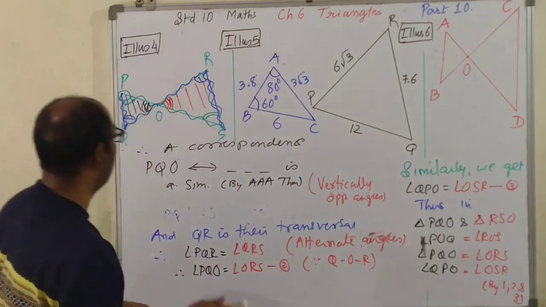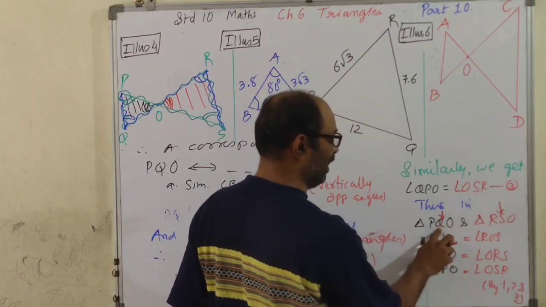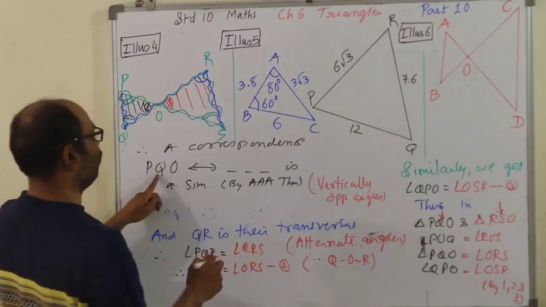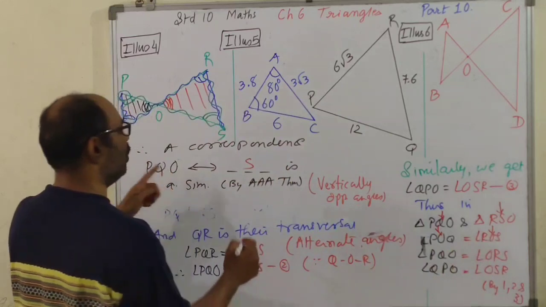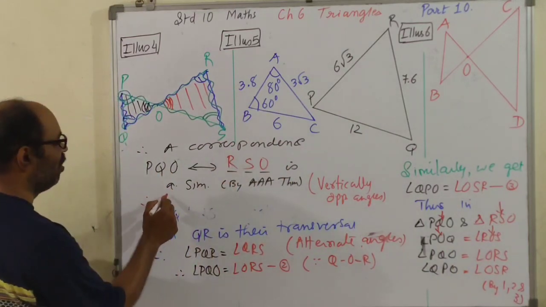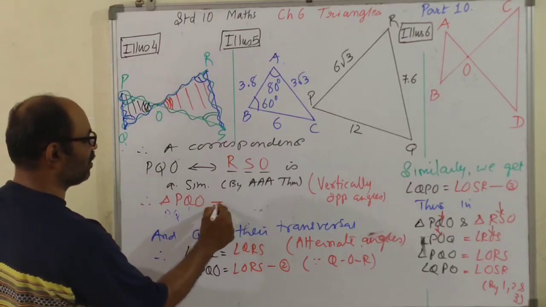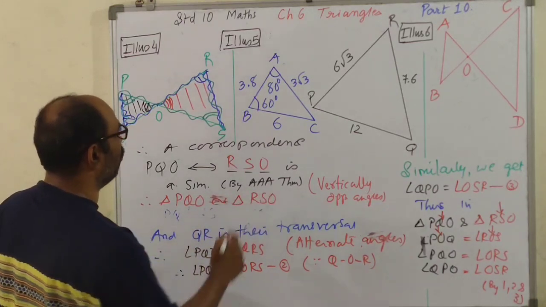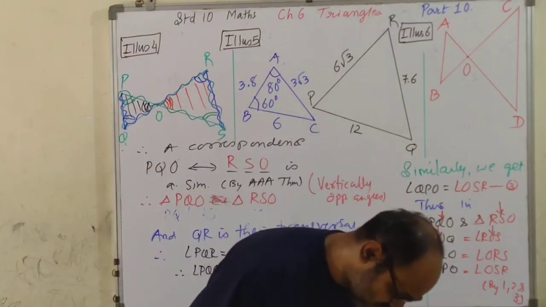Tell me, which one of the red? They are all angles but in the middle, Q corresponds to S. Q is in the middle, so S has to be in the middle. O corresponds to O. O is last. Fill in the blank. R. Therefore, triangle PQO is similar to triangle RSO.